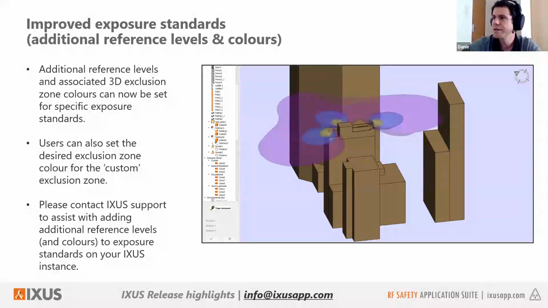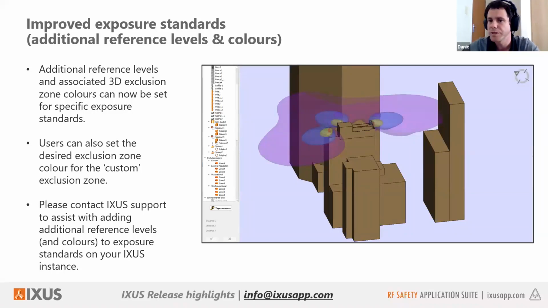Then the next significant enhancement, I would say, is the additional exposure standard reference levels that can now be added, as well as specific colors associated with them. I know especially in the US market, it's an important feature to have. You can now have more than just the public and the occupational exclusion zone levels.